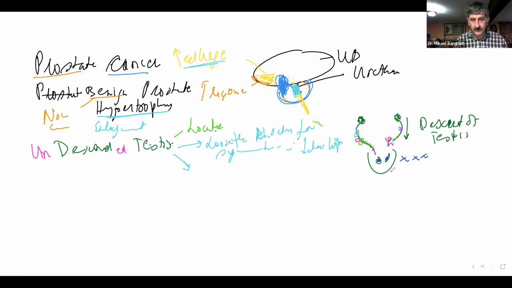The whole purpose of keeping the testes in the scrotum was to keep them cool, at a temperature lower than that of the body. If the testes are at regular body temperature, they get functionally destroyed, which means they lose the ability to produce sperm.